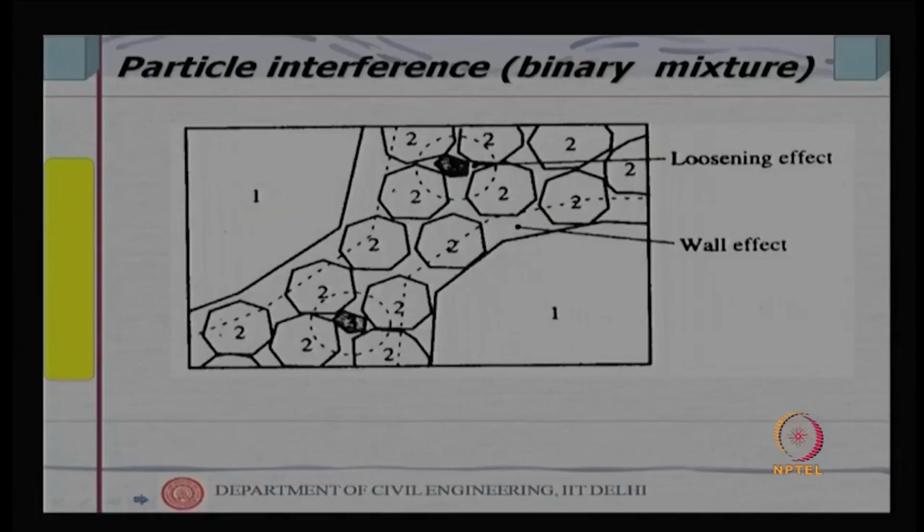These two effects cause the curvilinear behavior. You can see that both together cause wall effect and loosening effect in a large aggregate. This is your aggregate, 2 is the fine aggregate, and these are the additional voids which have come in. So, particle interference is occurring here.